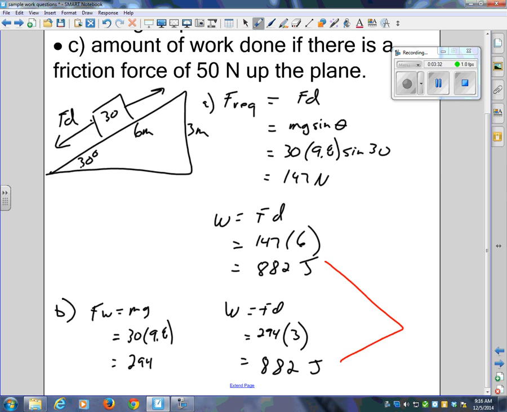What's going on here? Can you explain, Randy? No? The box at the top of the ramp, how much potential energy does it have? 882 joules. Does it care how it got there? No. It just knows that it's 3 meters in the air and it's got 882 joules of potential energy. Is it mind-blowing, Randy?